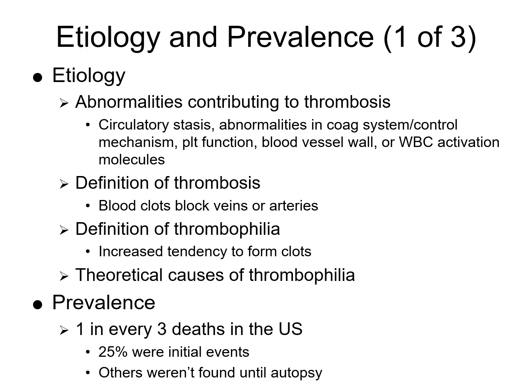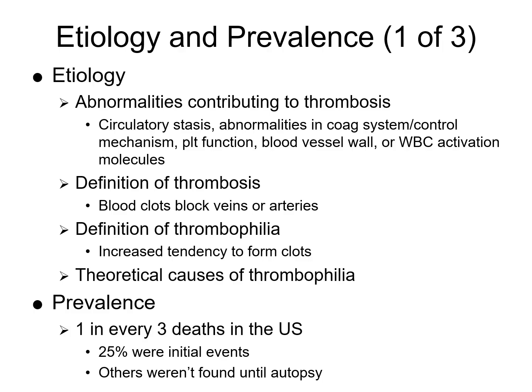For the etiology and prevalence, the etiology of thrombosis. Thrombosis occurs due to abnormalities in several factors that contribute to clot formation. These can include circulatory stasis, or the slowing or stopping of blood flow, which can promote clotting. Could be from abnormalities in the coagulation system or its control mechanisms, which is the imbalances in clotting factors or inhibitors.